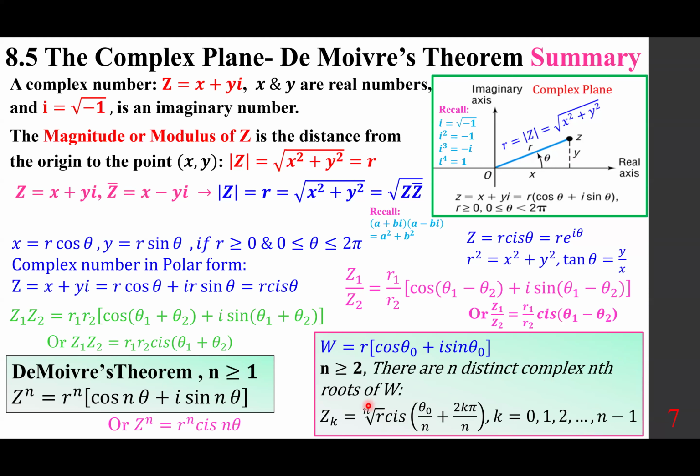Then the roots would be the nth root of r, cis theta 0 over n plus 2k pi over n, and you choose k to be 0, 1, 2, all the way to n minus 1. And of course, if it's in degrees, 360 degrees times k over n. We will look at all of these with details in a moment, everybody.